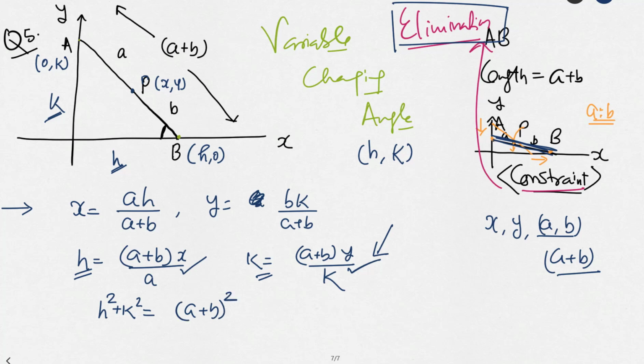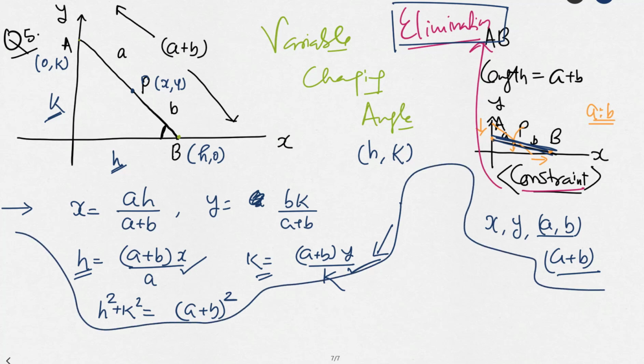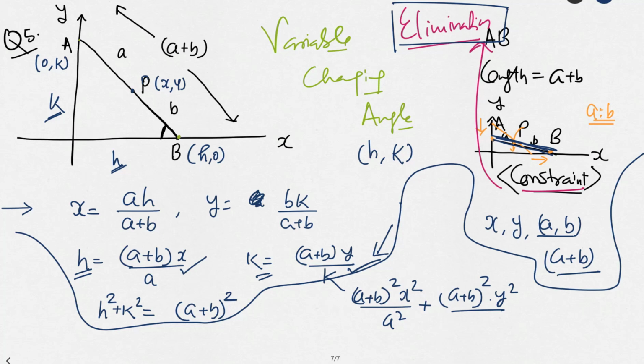If you put it in, I have a space crunch. Alright, so h is what? (a plus b) x square over a square, plus k is what? k is (a plus b) y, so y square over, this is not k, this is b, b square is (a plus b) whole square.